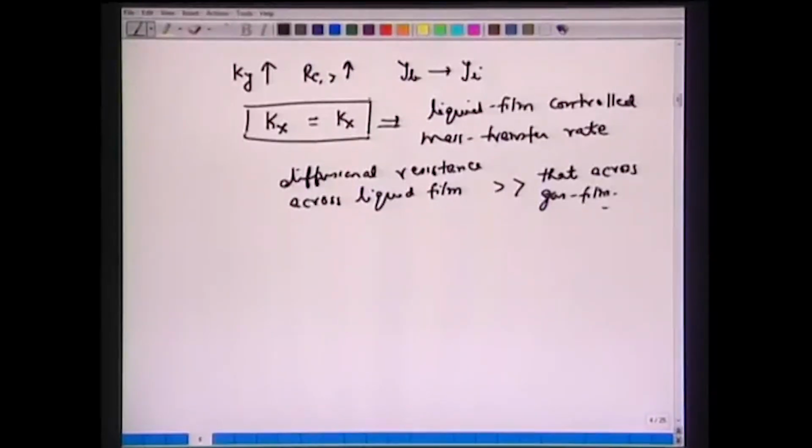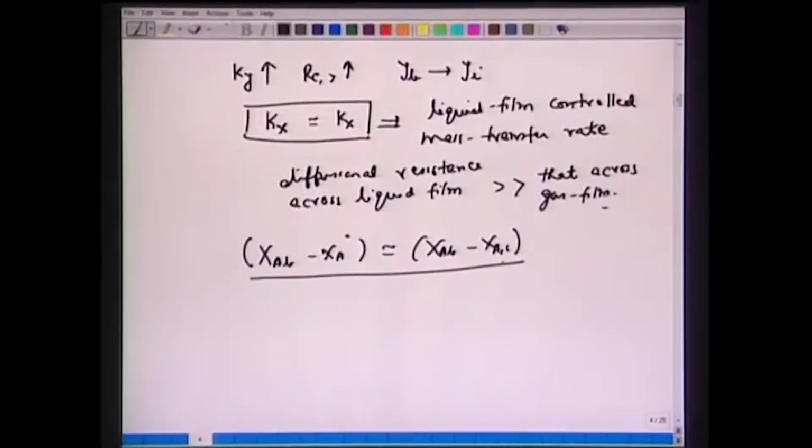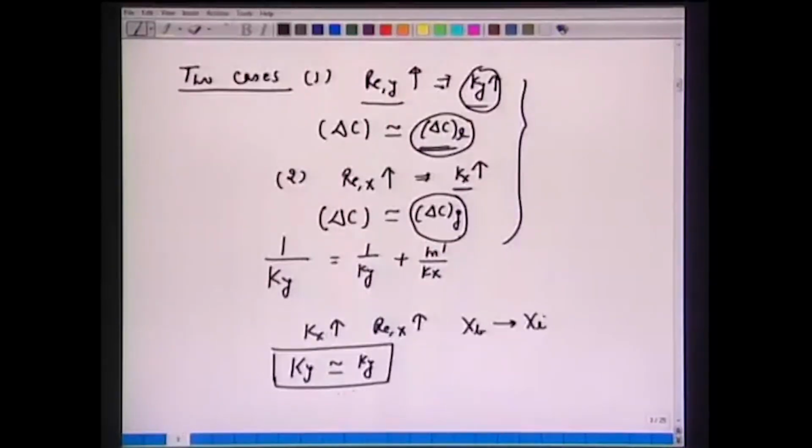In this case, XAB minus XA star will approximately equal XAB minus XAI, right? So we can go back, and we have similar situations in this case.